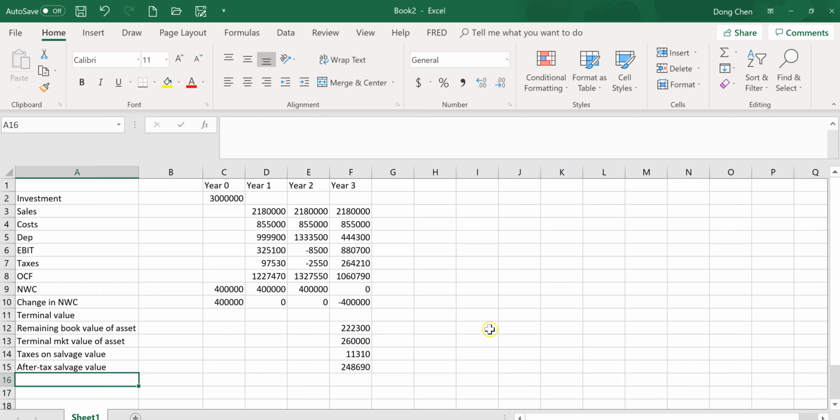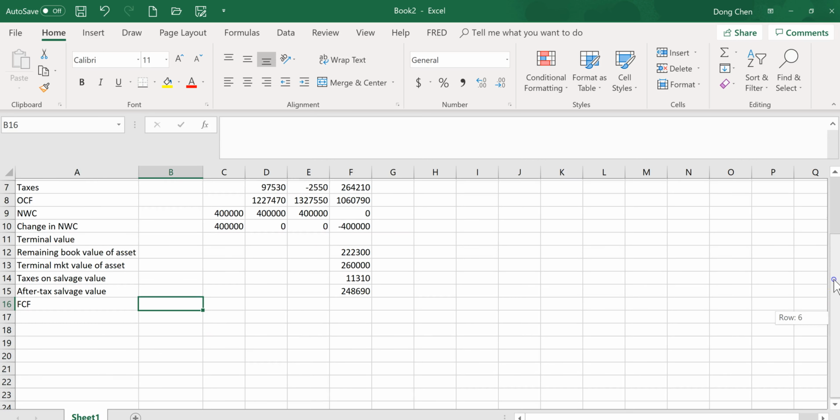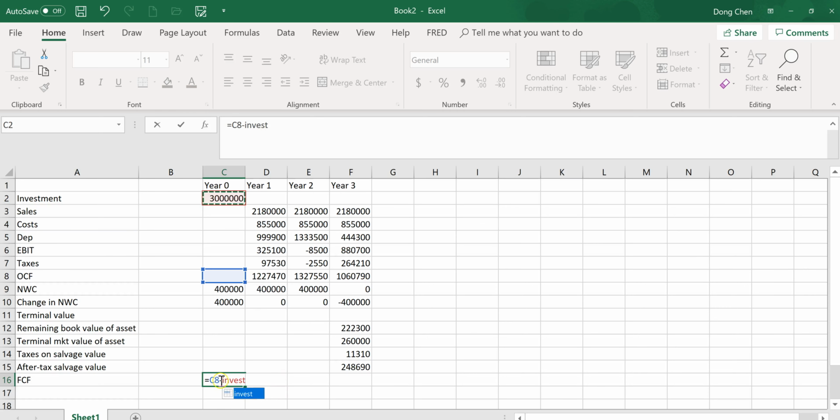So it's this number. Now I can do the final free cash flow calculation, starting from the current year, year 0. It's going to be the OCF, operating cash flow, minus the investment. Now I don't want to click on this cell. Why? Because when I click on this cell, you see it becomes an absolute reference.